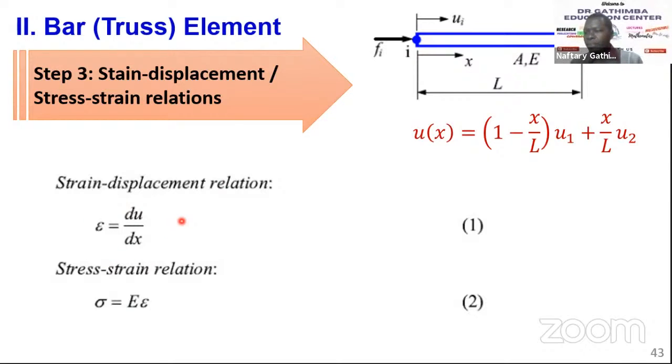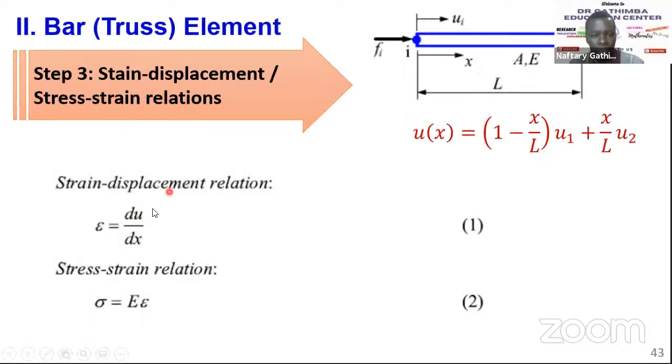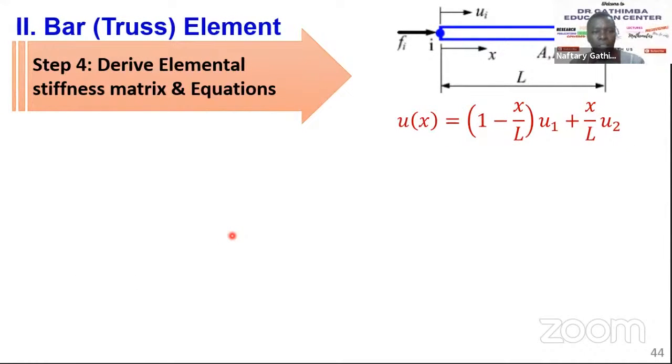In a continuous system, we can use the derivative du over dx. But remember, the strain will always be u2 minus u1 over the length, the elongation over the original length. I hope I've not lost you there. So these are the definitions of the stress-strain and strain-displacement relations. So now we move to step number 4, derive the elemental stiffness matrix and equation.